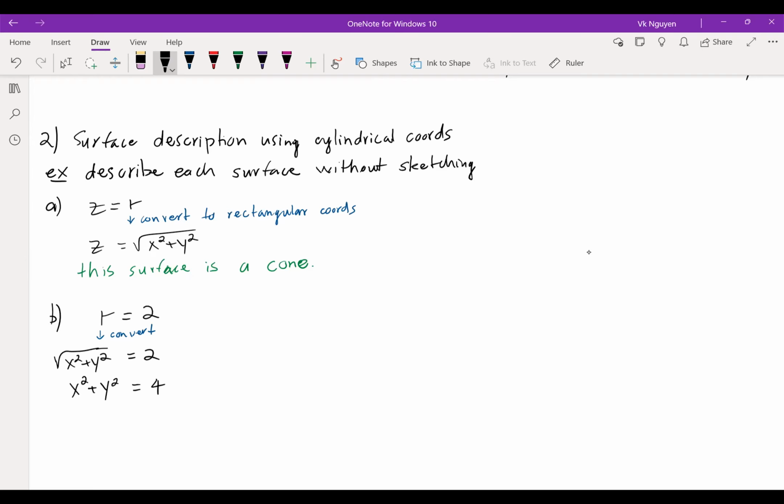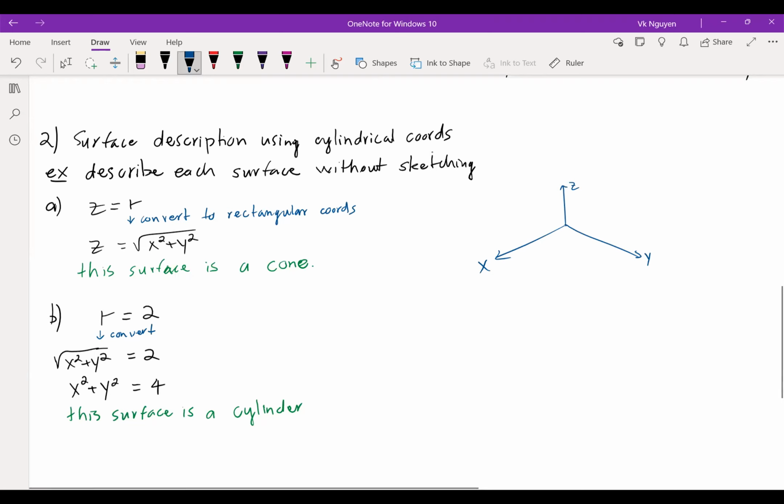This surface is a, yeah, maybe it's a good idea to sketch out these things so that you get an idea of what is going on here, even though I said don't sketch them.